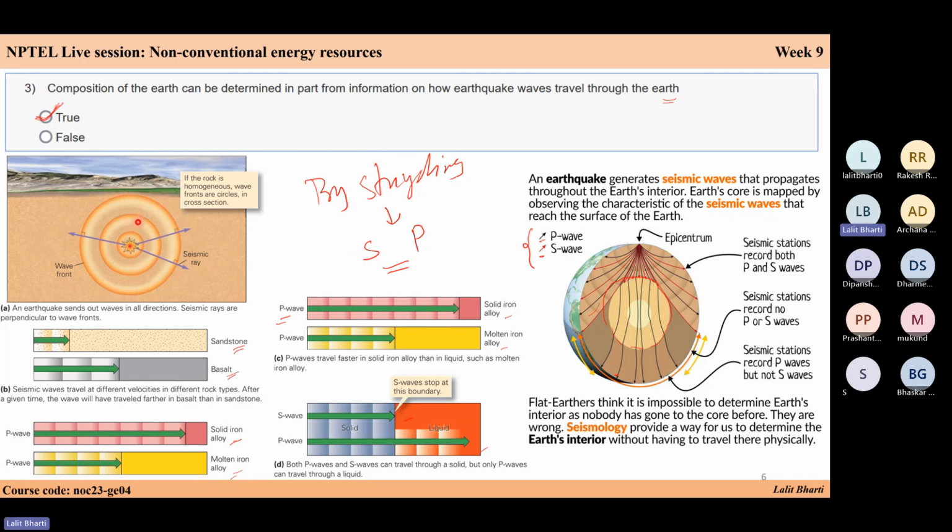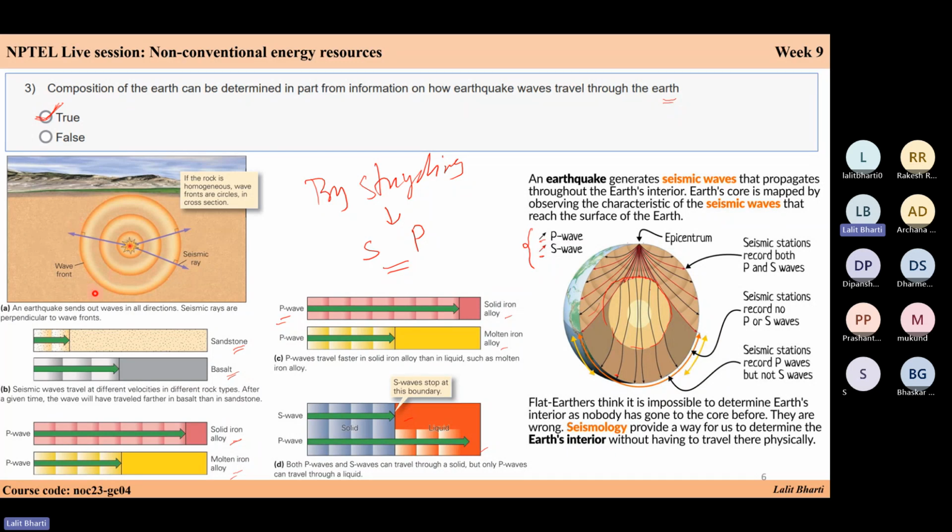Let's say this is your earth and this is the center of your earthquake, and then the waves are generated. These are the seismic waves. Seismic waves means the waves generated during the earthquake or the movements of the seismic plates in the earth's interior.